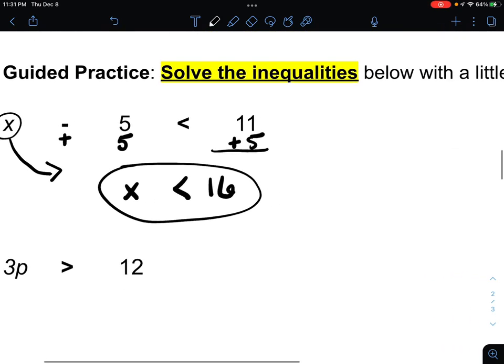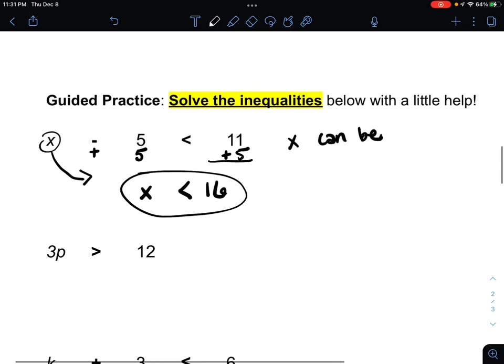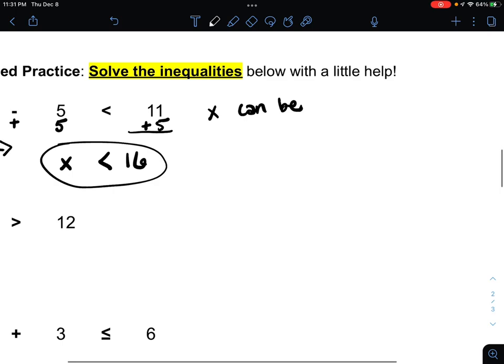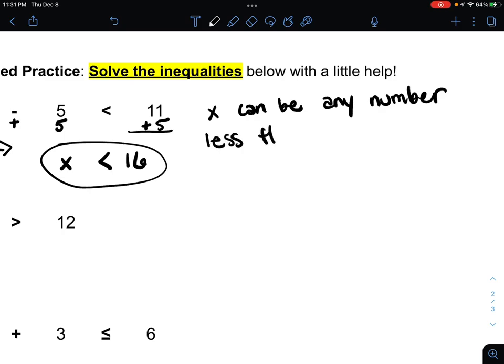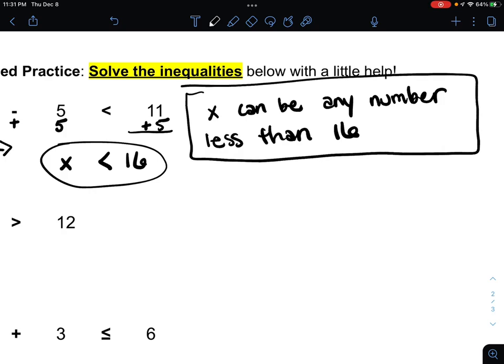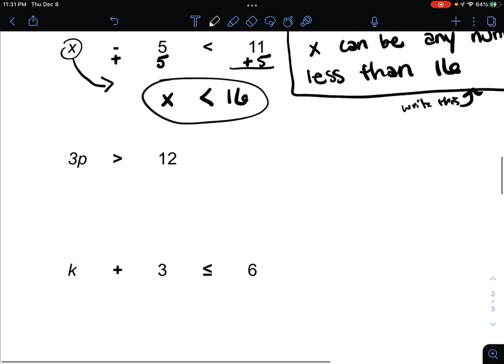I want you to write this down. x can be any number less than 16. Make sure that you write this down. Write this if you haven't already.